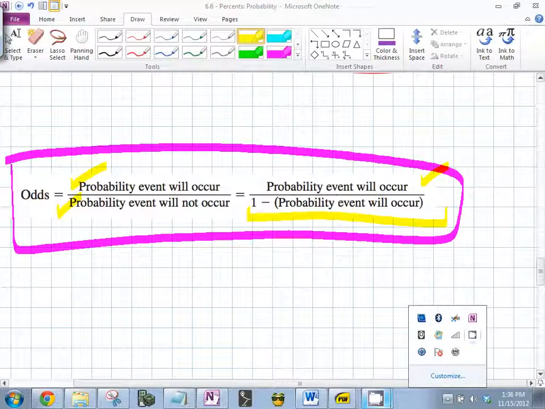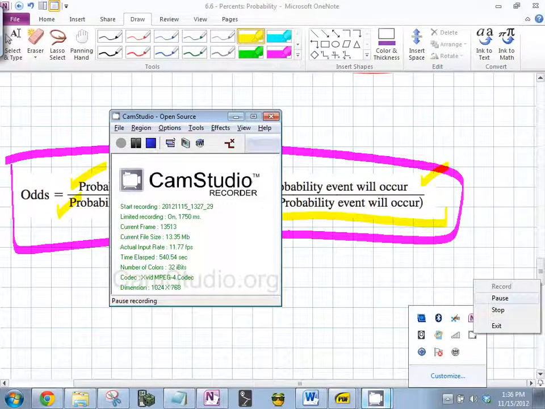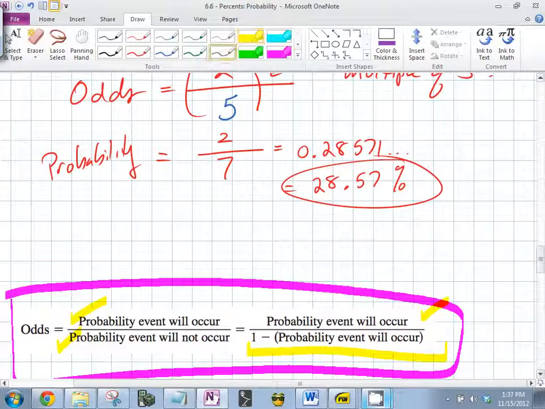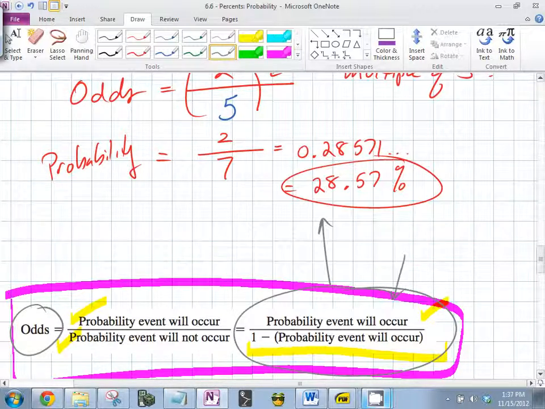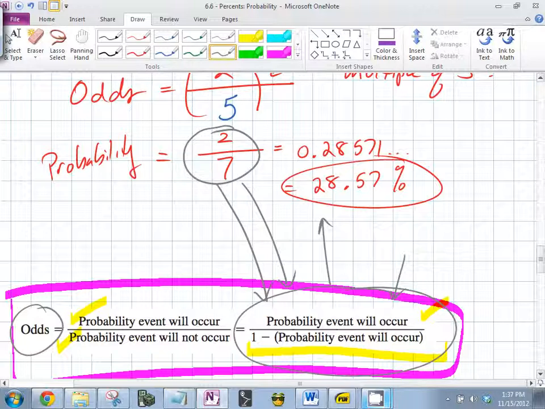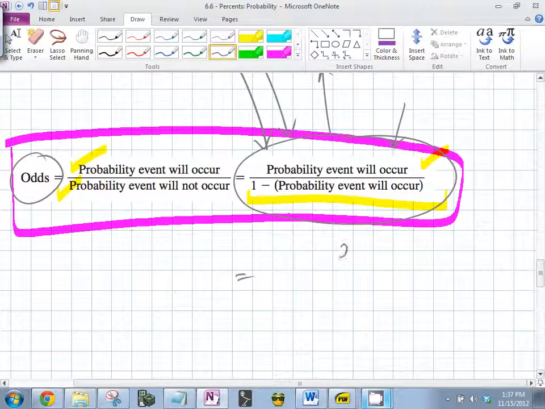So let's go back to this example right up here. The odds equal the probability of an event occurring over 1 minus the probability that that event will occur. So we figured out the probability of this event occurring was 2 over 7. Plug 2 over 7 into the probability of an event will occur. So that's going to be 2/7 over 1 minus 2/7 should equal the odds.